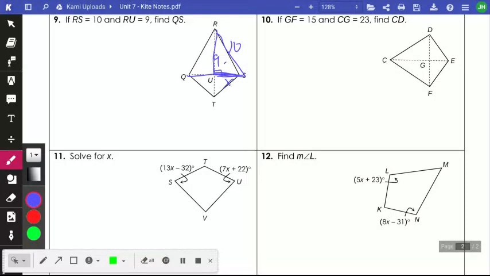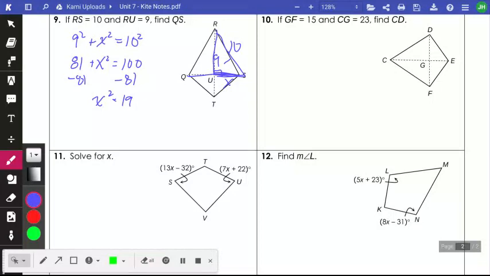Here's your right angle, so 10 is going to be our hypotenuse. So we will do 9 squared plus X squared is equal to 10 squared. So I will have 81 plus X squared is equal to 100. I'll subtract 81 from both sides. I'll have X squared is equal to 19.